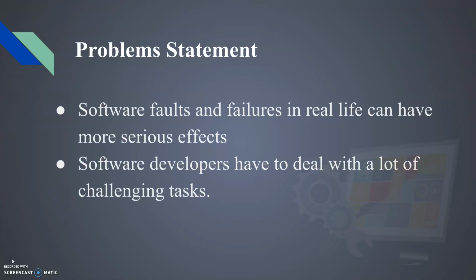The second is software developers have to deal with a lot of challenging tasks. For example, they have to deal with conflict between team members, unorganized development plans, and requirements that can change during the development.